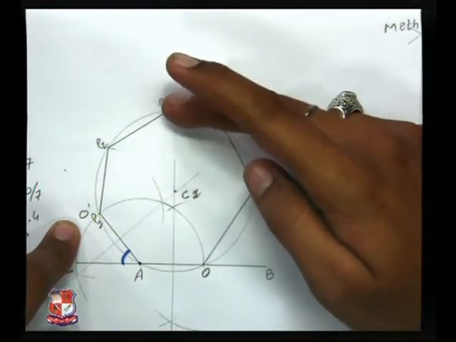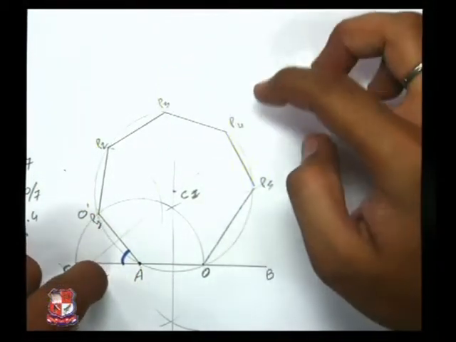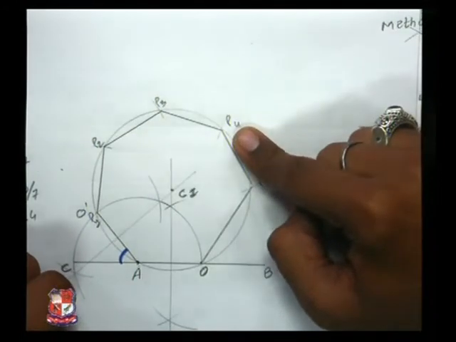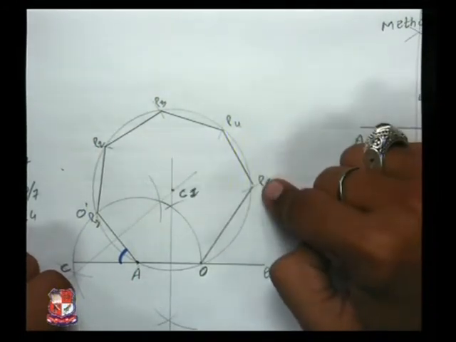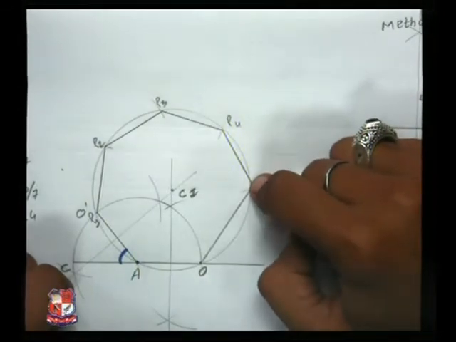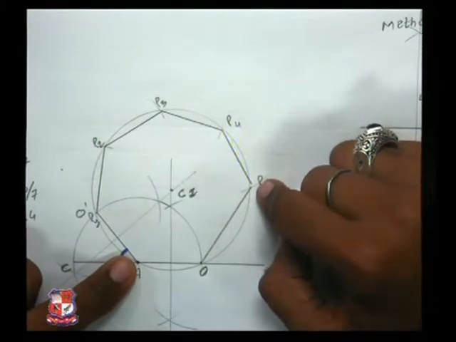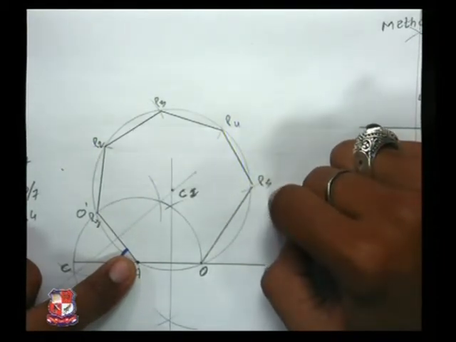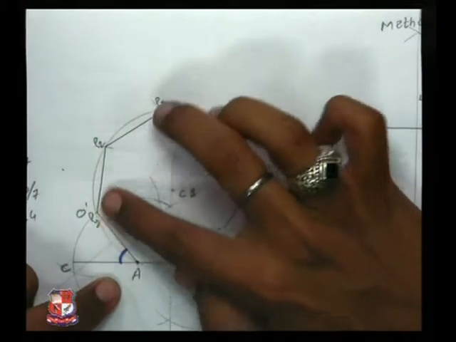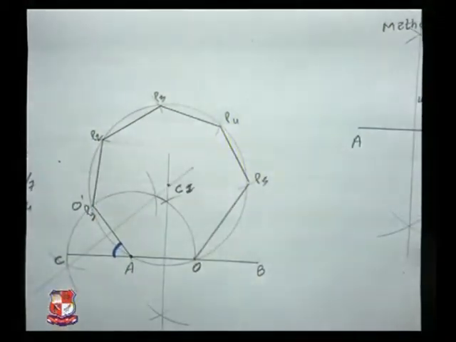Again same procedure, take P3 as center, O'A as radius, mark an arc as P4. Take P4 as center, O'A as radius, mark an arc. You will get point P5. Join all the lines and you will get your desired polygon.